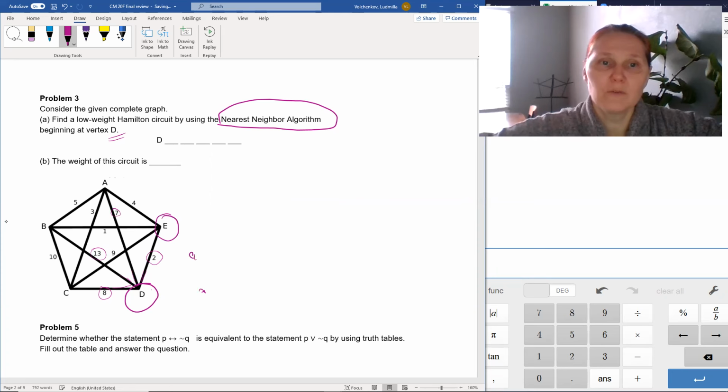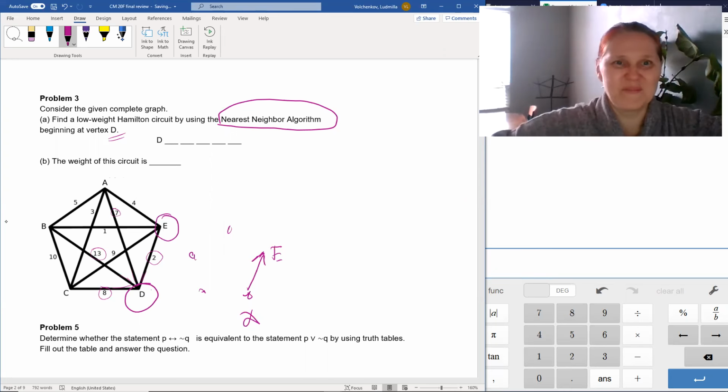It is very helpful actually to make such a sketch here showing how we move. We move D, E, because it is easy to skip a vertex when you don't have this image in your head or on your paper.